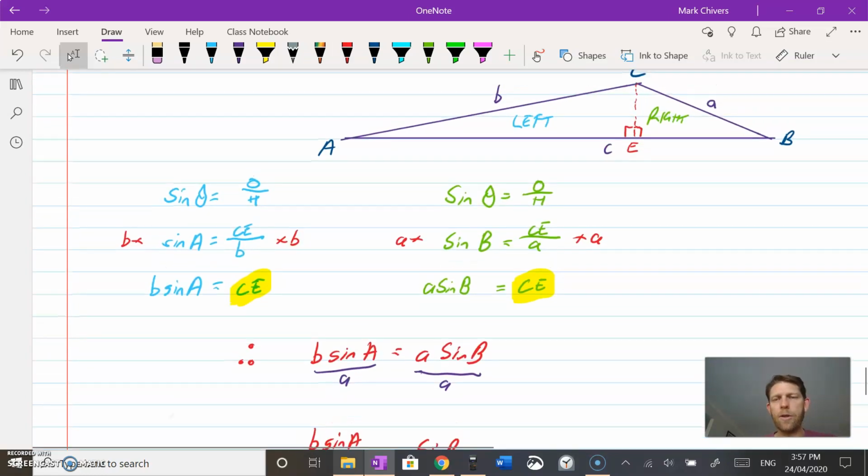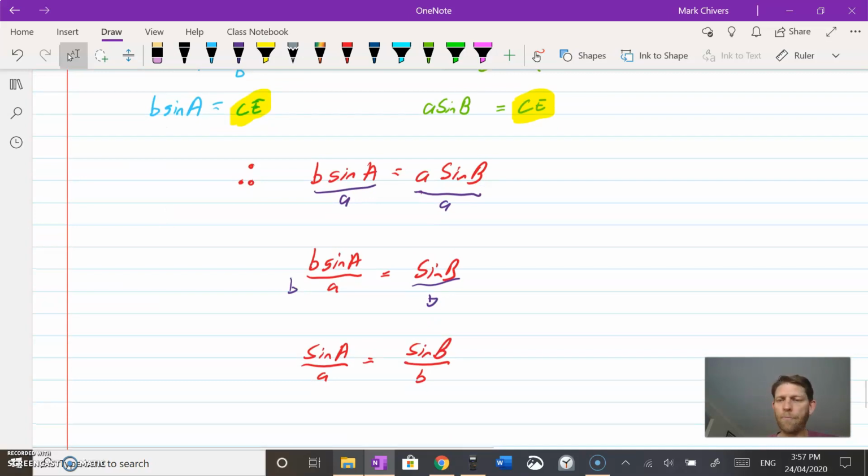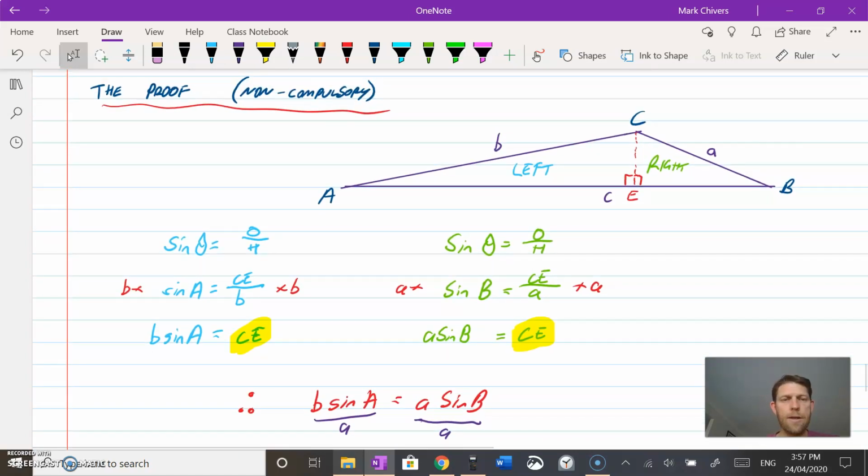Essentially, in order to prove the sine rule, we just split a non-right-angled triangle into two right-angled triangles, and then we use what we know about right-angled triangles, and that creates this rule. And you'll notice that I didn't use any numbers, so this will work for any values of A and B, and C obviously for the other angle. And that's the proof of the sine rule.